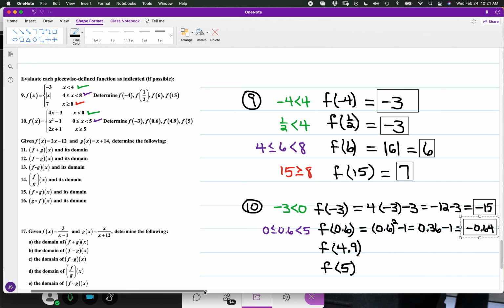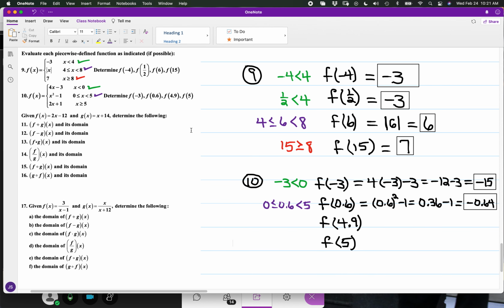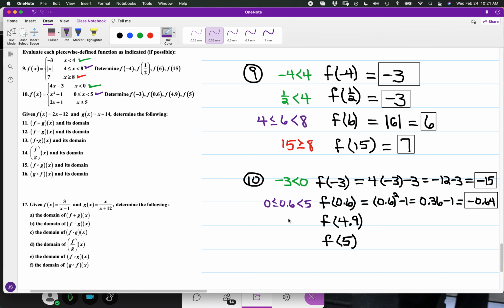For what we have in the case of the input, 4.9. Okay. And now there's a substantial difference between 4.9 and 6. But like 0.6, 4.9 will belong as an input that is going to reside in the second inequality statement. So we're going to have, just like 0.6, 0 is less than or equal to 4.9, which in turn is going to be less than 5.